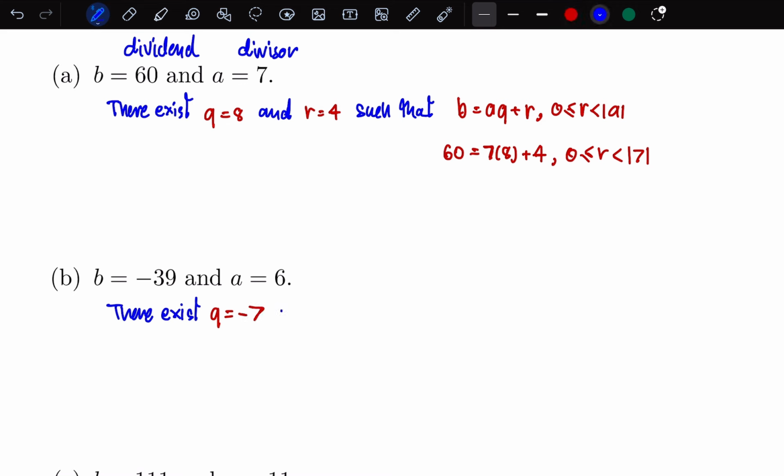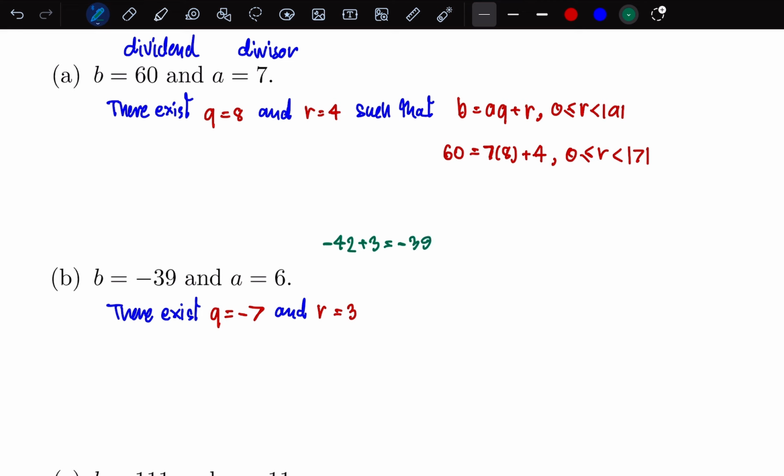And R, what is R? R must be 3. Why? Because when you multiply 6 by minus 7, you get minus 42, and the remainder must be positive, right? So you have to add 3 in order to have minus 39.